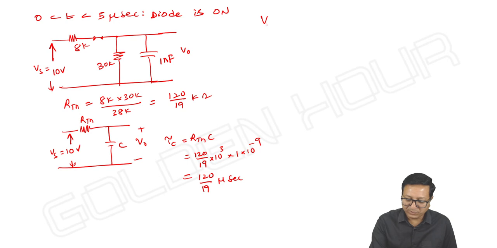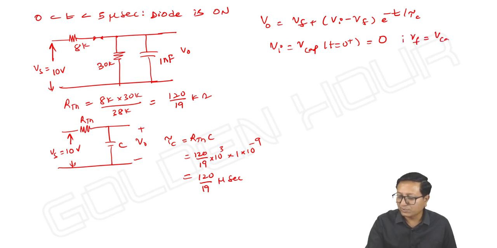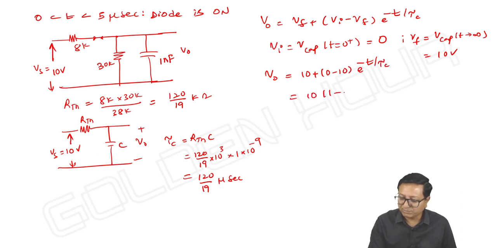So if I take V output, it is V final plus V initial minus V final into e power minus t by tau c. V initial, voltage across the capacitor at t equal to 0 plus, it is with 0 initial conditions, it is 0. V final, it is V capacitor as t tends to infinity, its value is 10 volts. So V output is equal to 10 plus 0 minus 10 into e power minus t by tau c, which is 10 into 1 minus e power minus t by tau c.